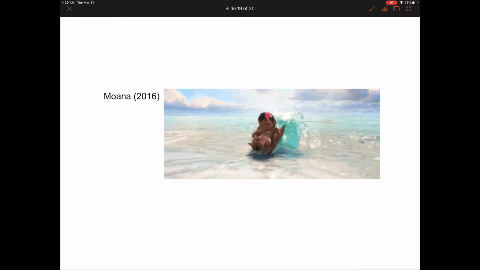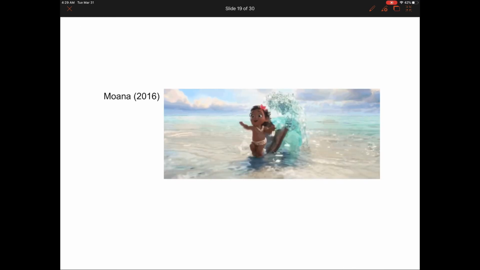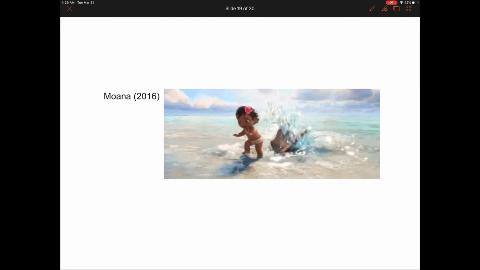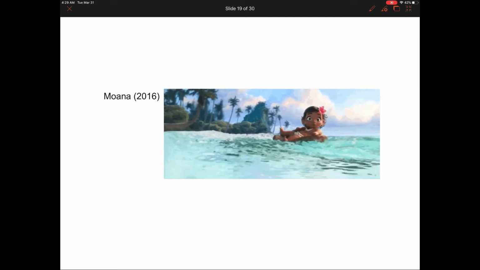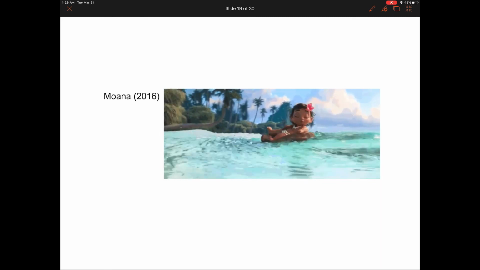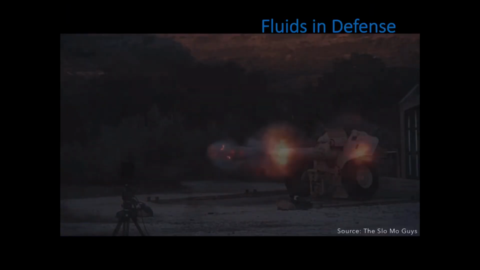This kind of revolutionized water in the movie industry, at least in terms of computer graphics, and created extremely realistic fluid. And again, it's based off Navier-Stokes behavior, conservation of mass, conservation of momentum.